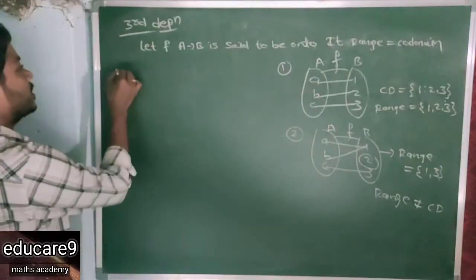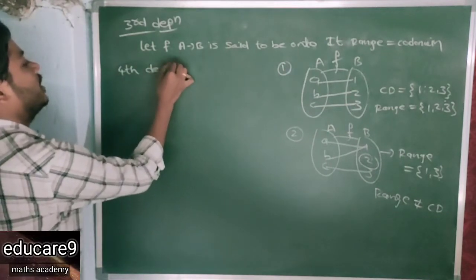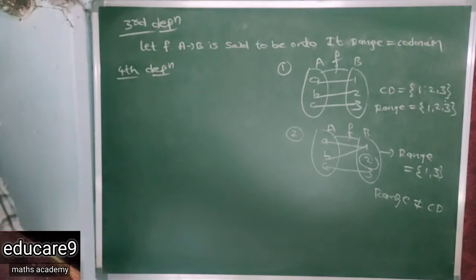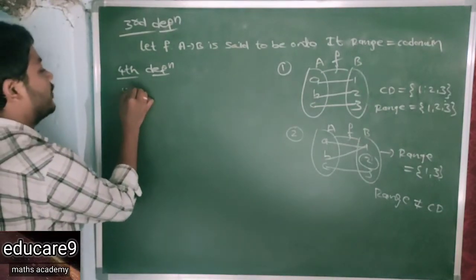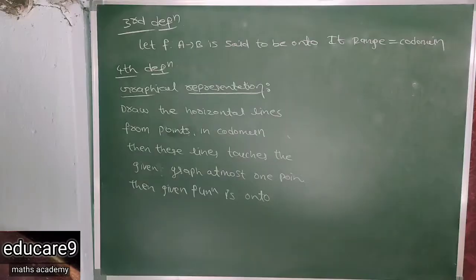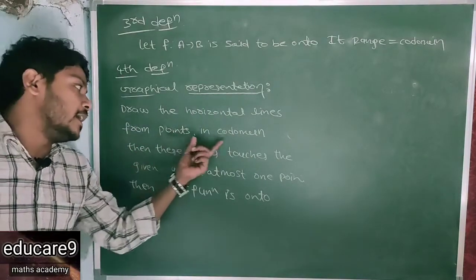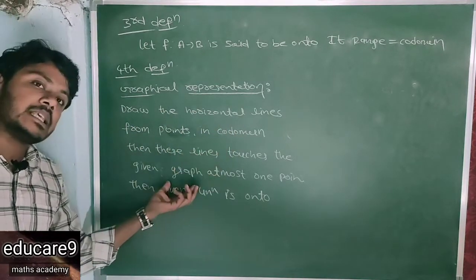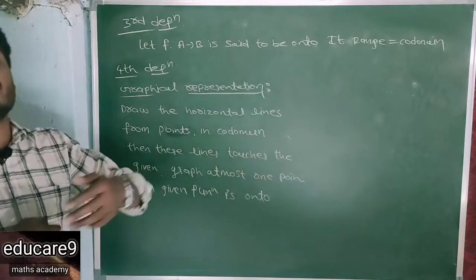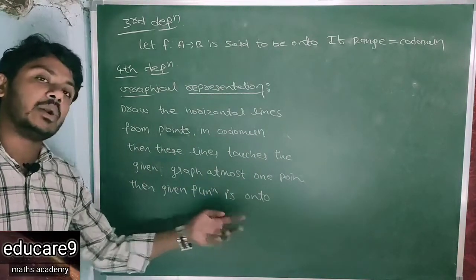So next, the fourth definition, that is the graphical representation. See here, draw the horizontal lines from the points in the codomain, and if those lines touch the given graph at least one point, in that case the given function is onto.